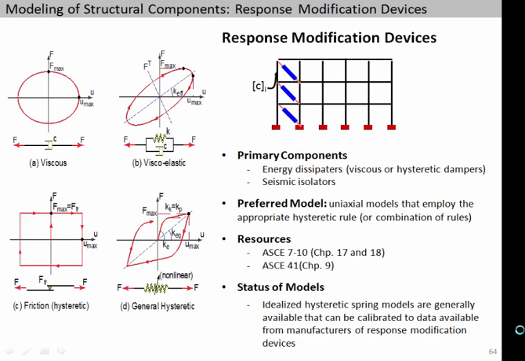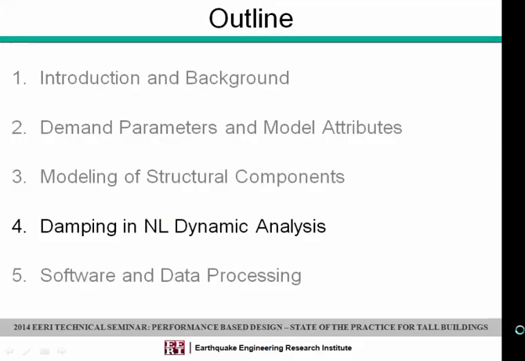You just build these into your model and get the explicit behavior out of the output. Fortunately, the analysis models out there are starting to incorporate, for isolators and so forth, like in the CSI products, component elements to simulate those effects.